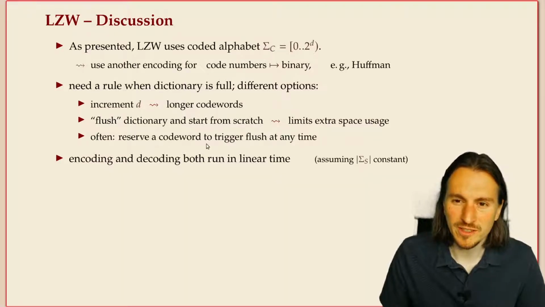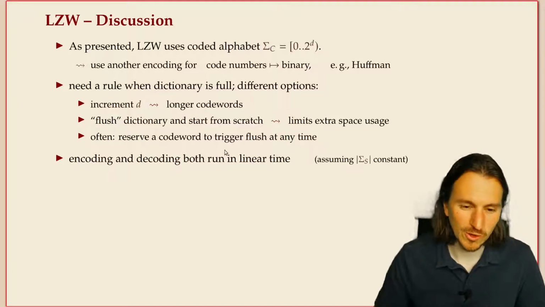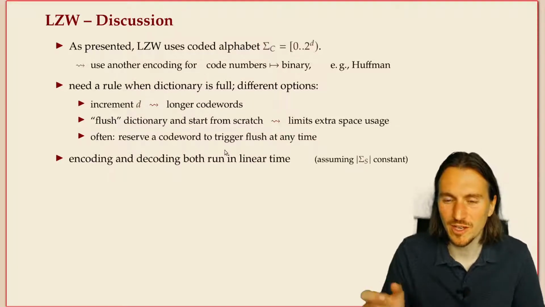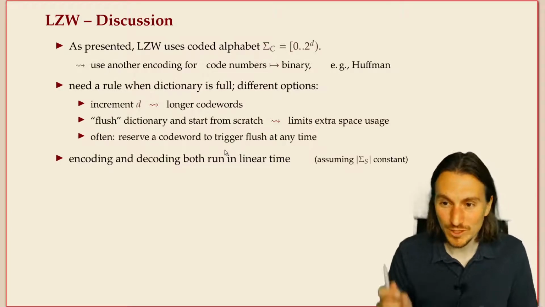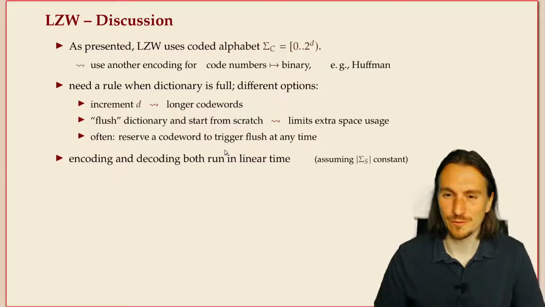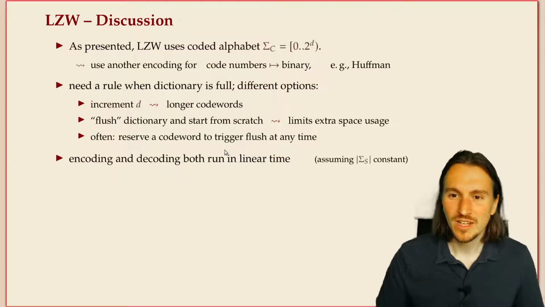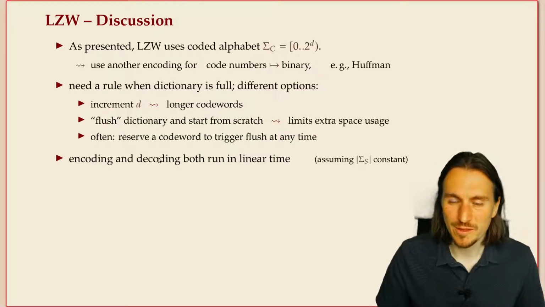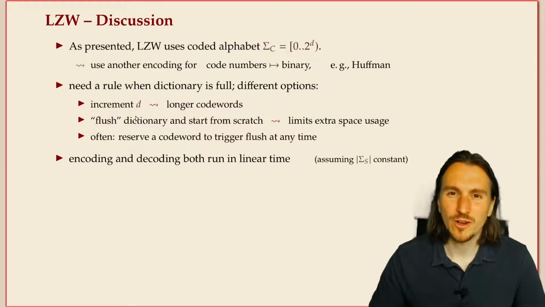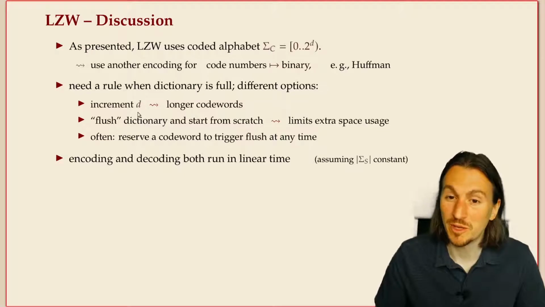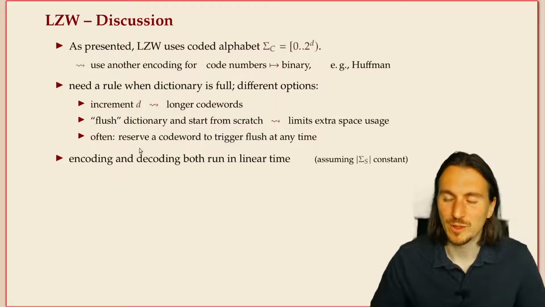A hack in between is to reserve a special code word that doesn't really encode anything in the text, but signals to the decoder, please now flush your dictionary and start from scratch. These are things you can play with. And the dictionary size is something that, for a zip variant, they often allow you to say how big the dictionary should be. That's a parameter you can play with.